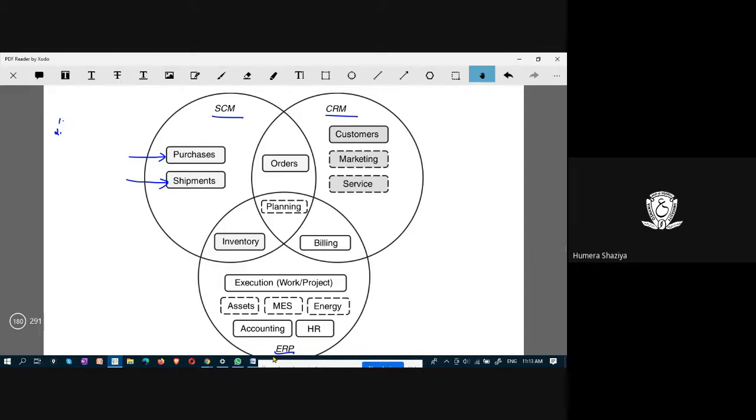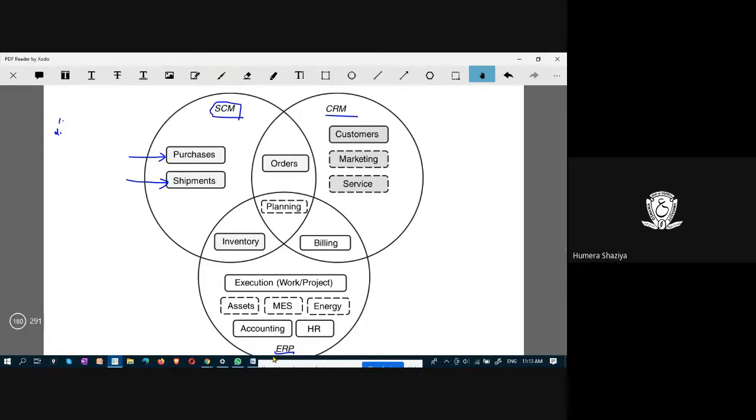This is the general component structure. It includes purchase and shipment, which are a part of SCM, supply chain management. As part of CRM, it is customer, marketing and service. Customers are there anyway, and marketing and service are also part of CRM.